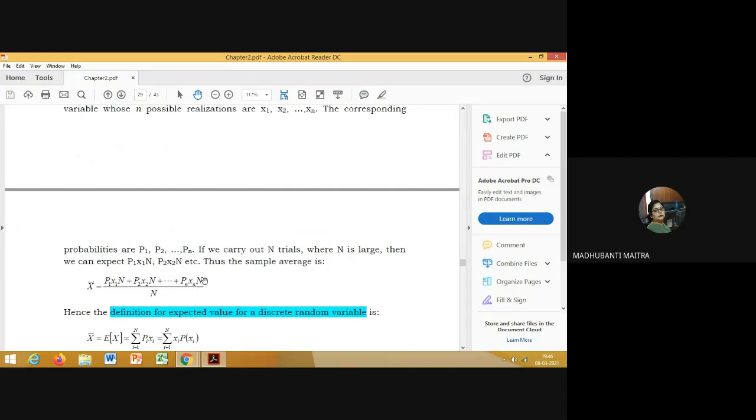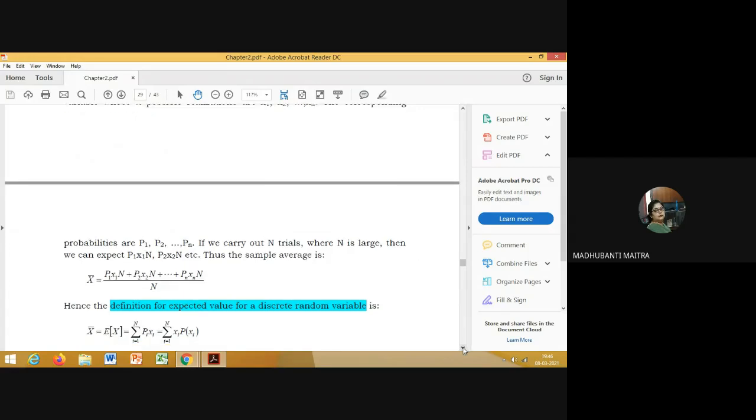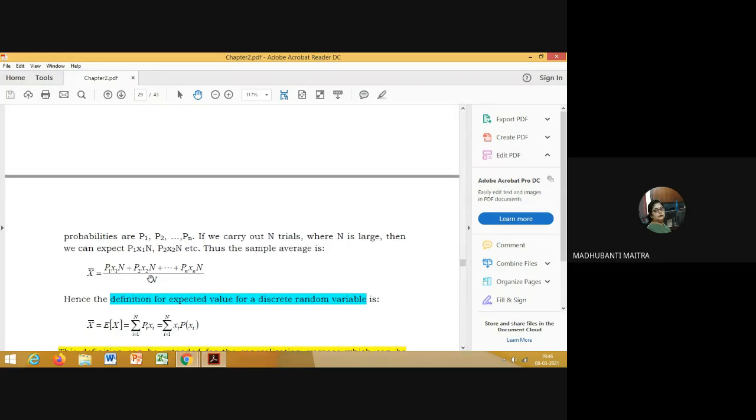right? So these are the outcomes, and if we divide this by the number of trials, that is the concept of relative frequency, then we can expect that we will be getting some sort of average value or mean value, right?